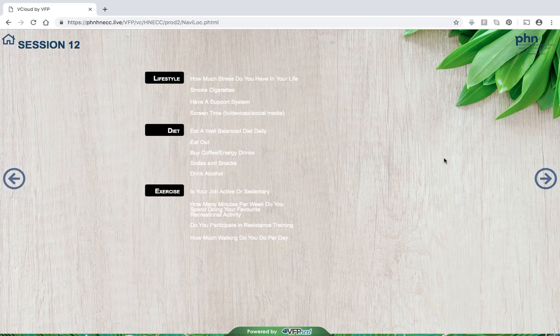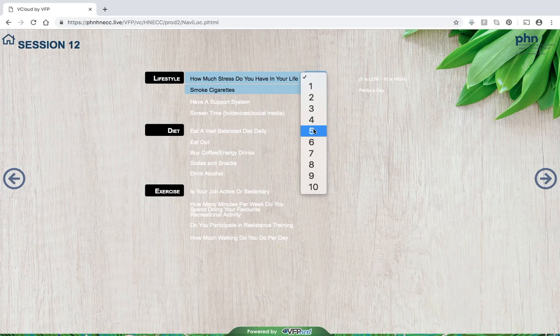Then we move on to our lifestyle questionnaire, which we completed in session 1, and this is all about comparing their lifestyle, and in the back end we'll be able to see how they compared from session 1 with the stress they have in their life, how often they're smoking cigarettes, whether they've reduced completely, how much stress they have in their life, and they'll subjectively score that.